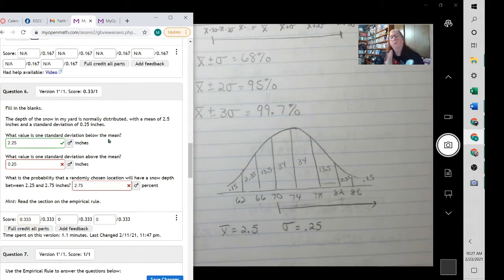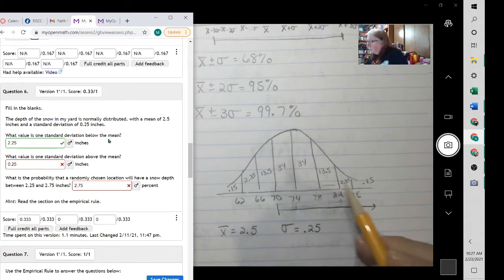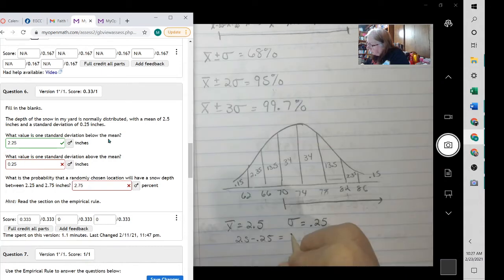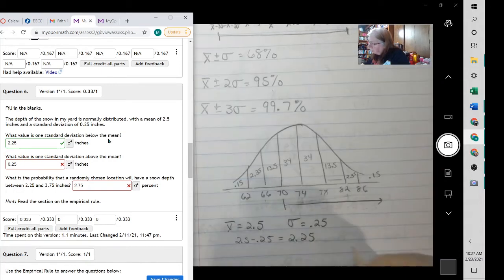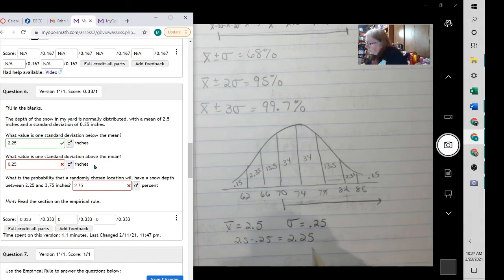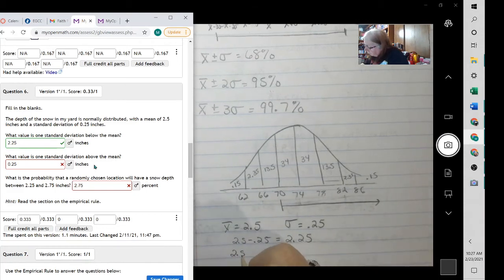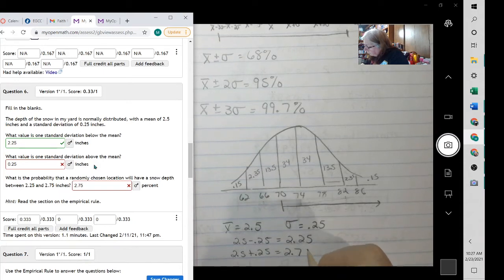Below, we would subtract it. Take 2.5 minus the quarter, and you get 2 1/4. So that's how they got this one. What is the value 1 standard deviation above the mean? Well, then you take your mean and you go 1 above it. So we get 2.75.